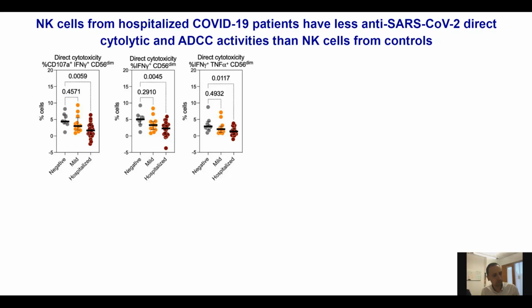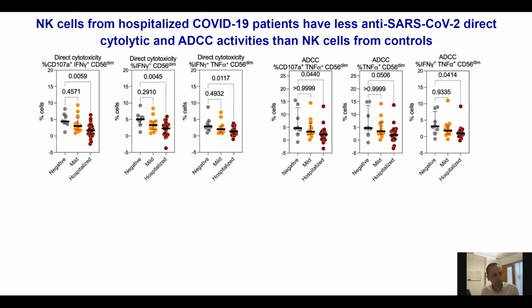And that is in the case of direct cytotoxicity. This is also true for ADCC. These cells are less capable of eliciting ADCC when they are isolated from hospitalized COVID-19 patients compared to individuals with mild COVID-19 or SARS-CoV-2 negative individuals.